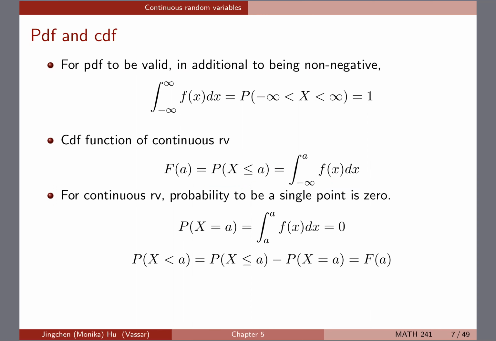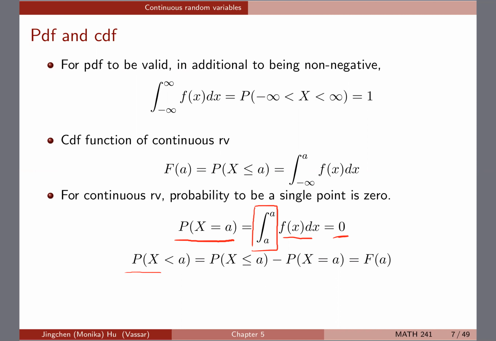And very interestingly, once we come to this point, you will notice that if I'm looking at the continuous random variable taking any particular value, the probability is actually 0. Because by definition, you're integrating f(x) dx from this point to that same point, and when you work out the math, it's going to be 0.